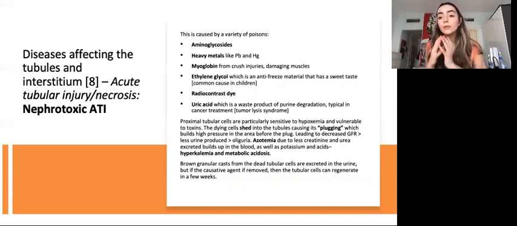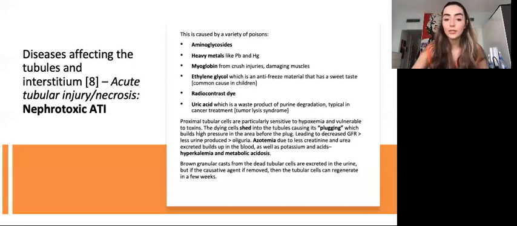And because of this lack of filtration, you also get a buildup of potassium and acids, causing hyperkalemia and metabolic acidosis. Sometimes you can also see tubular casts being shed in the urine, which are brown granular casts. But if the causative agent is removed, then in 5 to 6 weeks, the tubular cells can regenerate.